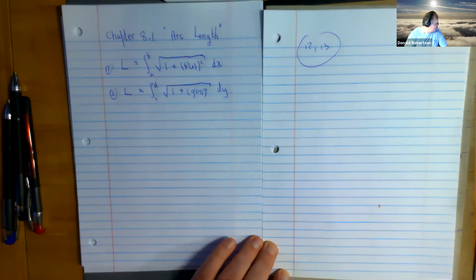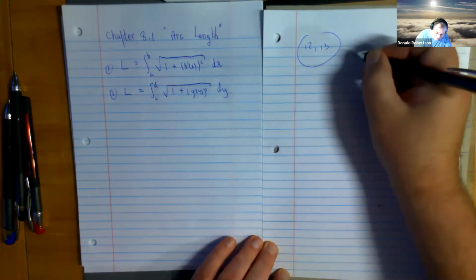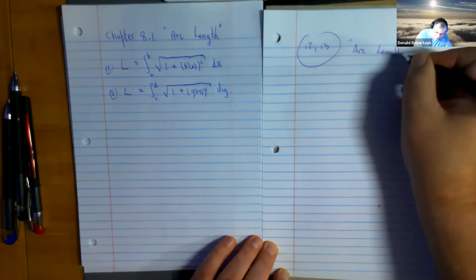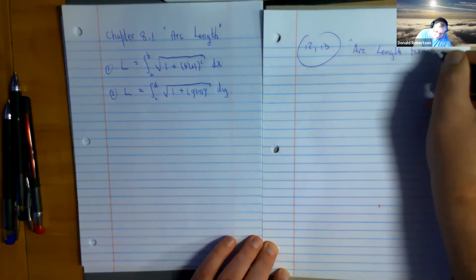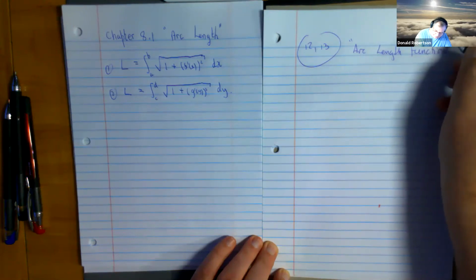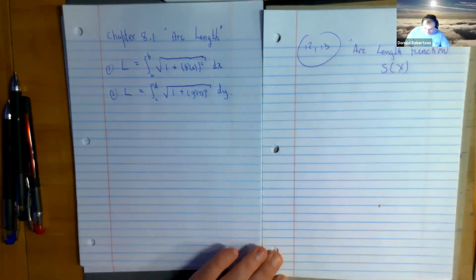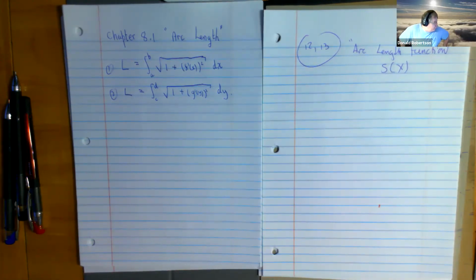And we're going to calculate what's called the arc length function. And the arc length function is s of x. So you'll know what it is because it's 12 and 13, but if I didn't tell you it was 12 and 13, it would say, find the arc length function s of x, and then it would tell you something.